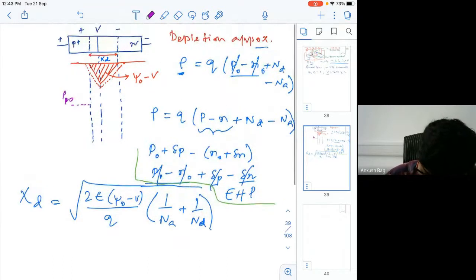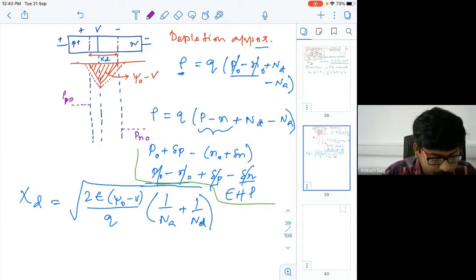And similarly, under thermal equilibrium, this hole concentration in the n side, which is the minority carrier, Pn0. This is the equilibrium concentration.